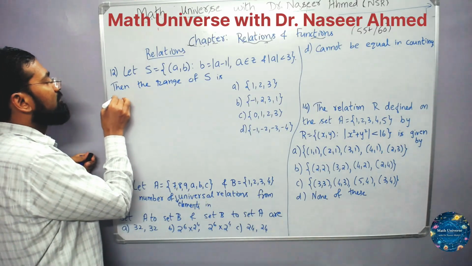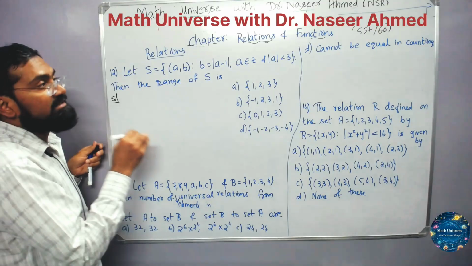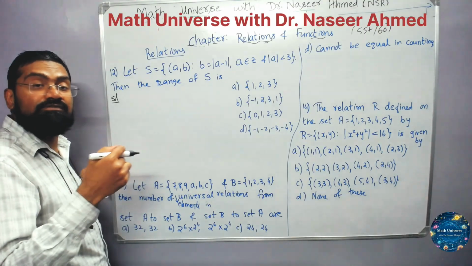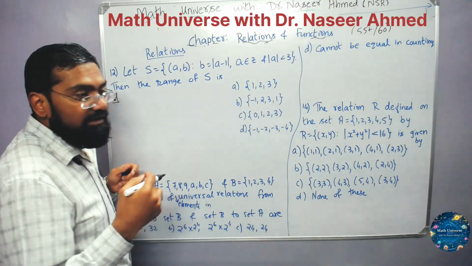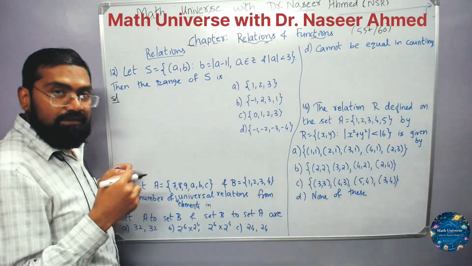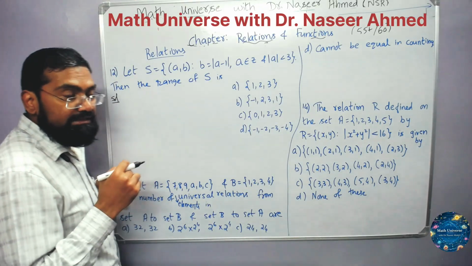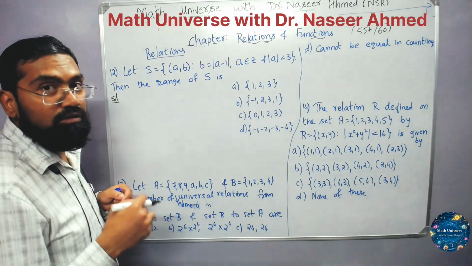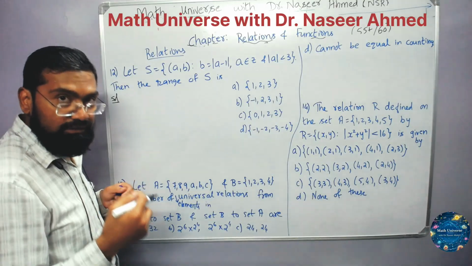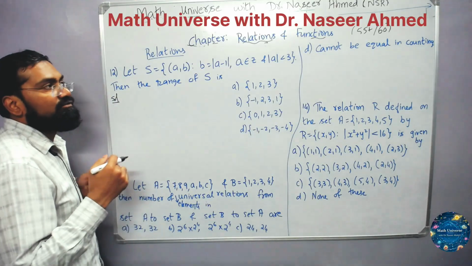See, this is what I discussed in chapter 6: different ways of writing an interval with respect to modulus. Mod x less than or equal to a, mod x more than or greater than or equal to a, and one more also discussed.